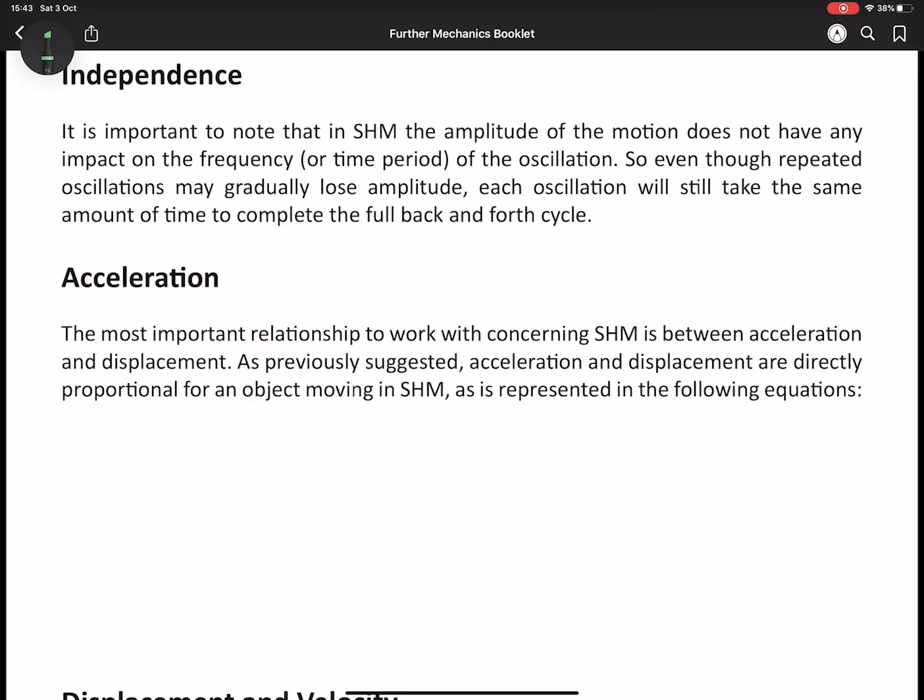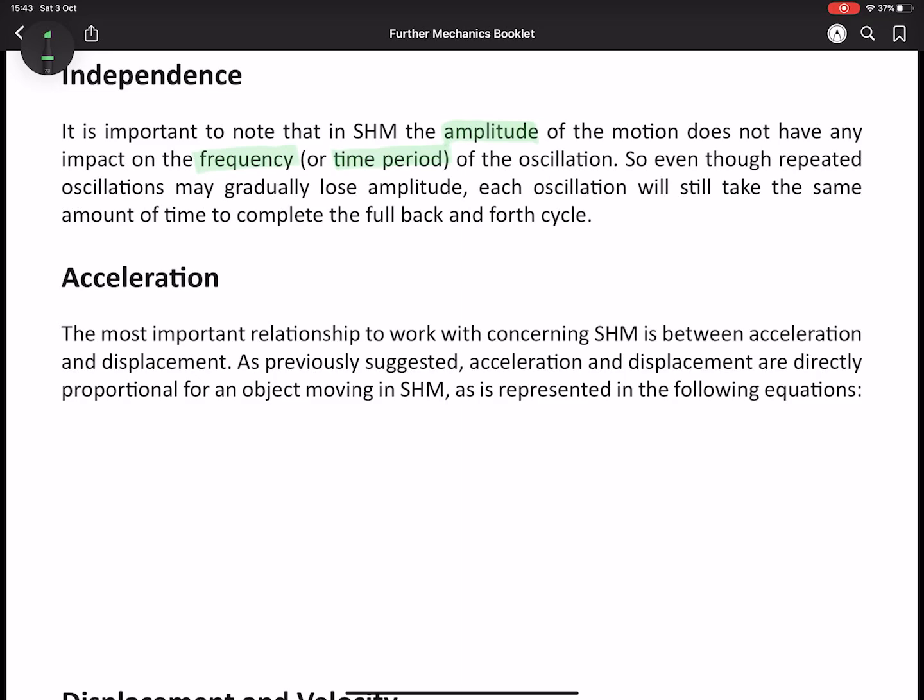So there is one peculiar aspect of simple harmonic motion, and that is the fact that the amplitude doesn't really have an effect on the frequency or the time period. So it doesn't matter with a pendulum how high it's lifted, it will still complete its oscillation in the same amount of time.